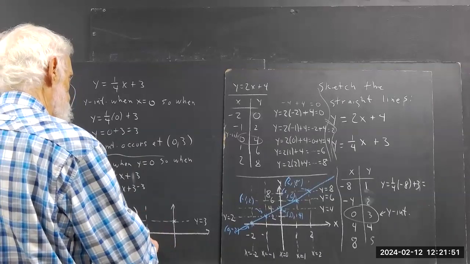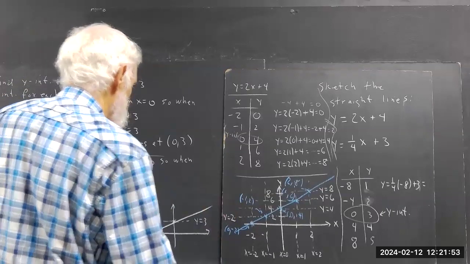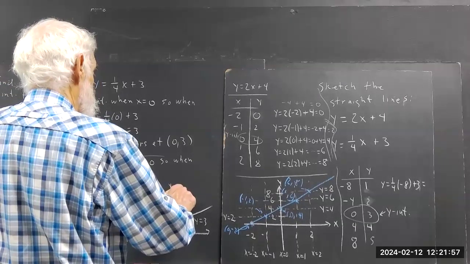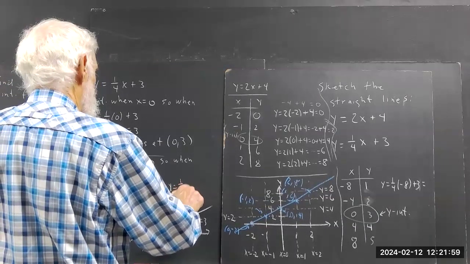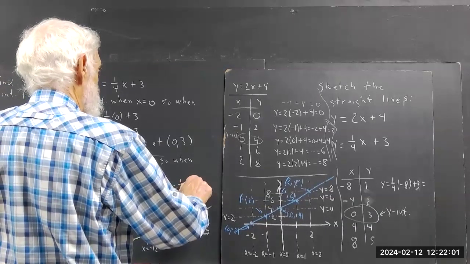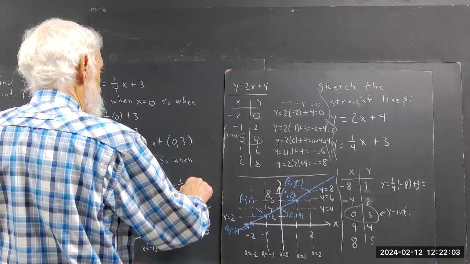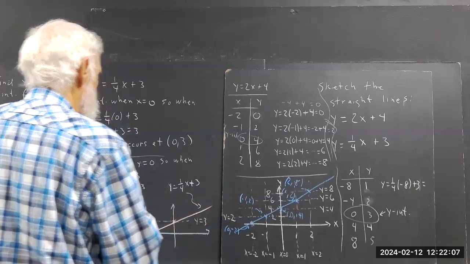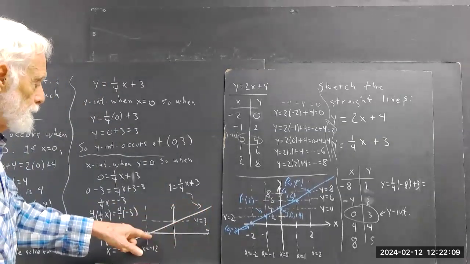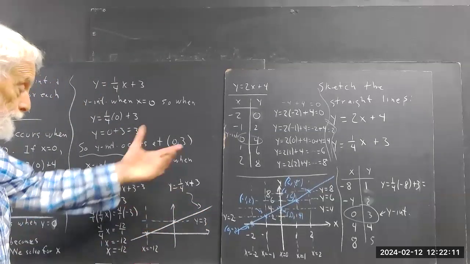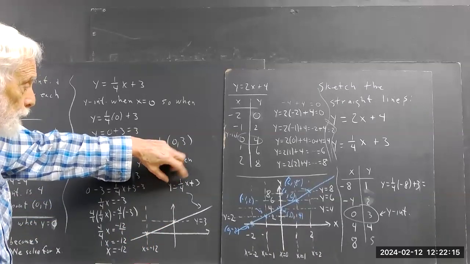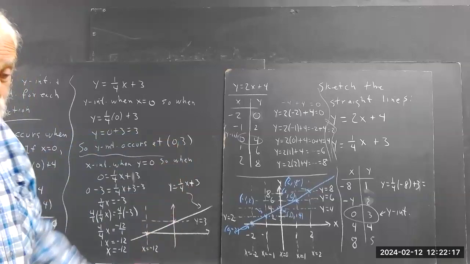X equals -12 on this line. There's our graph. We label it y equals 1/4 x plus 3. At every point on this line, if it's drawn exactly right, we'll have an x and a y coordinate that makes this equation true.